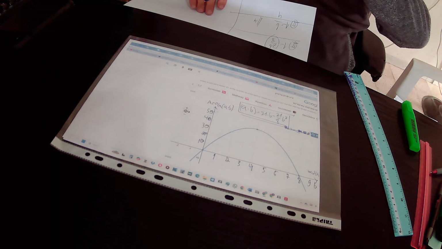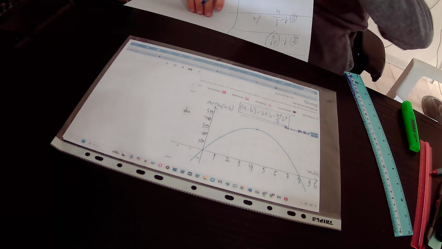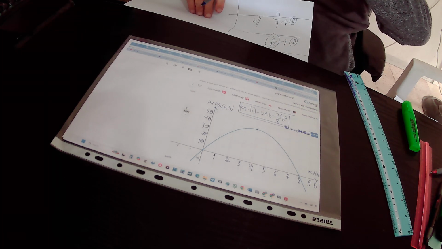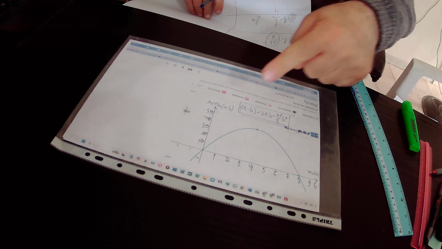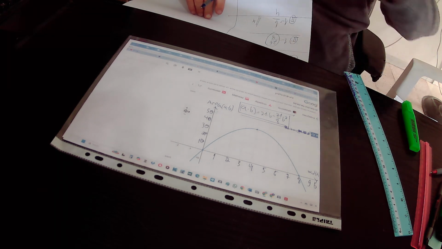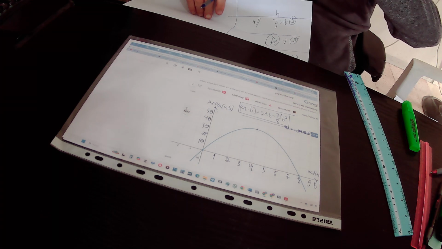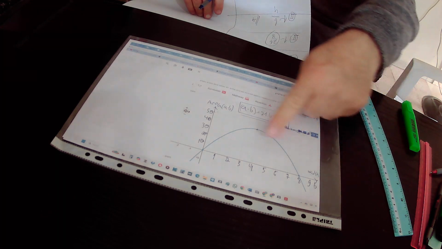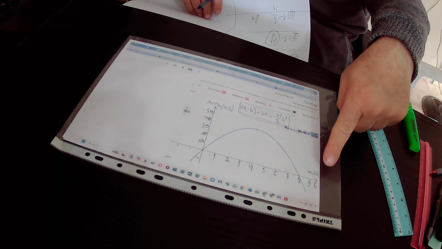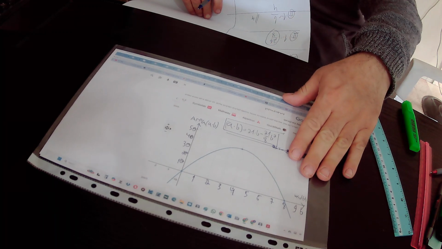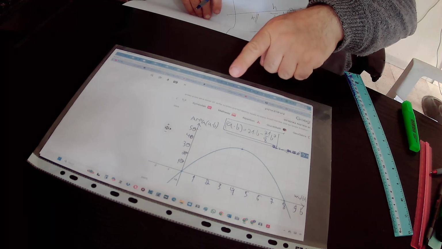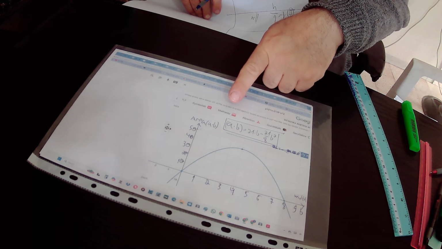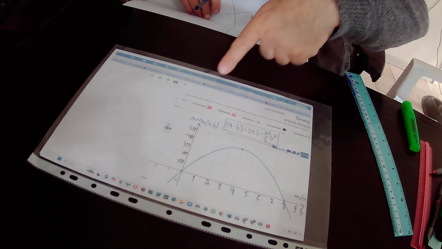Hopefully, this is the graph. This graph is the area of rectangle PQST as a function of b. b is the independent variable and it is located on the x-axis here, and the dependent variable, that is the area, A times B, is located on the y-axis.